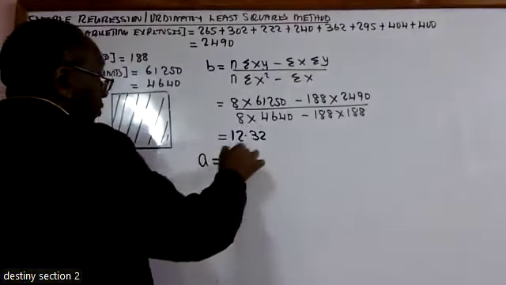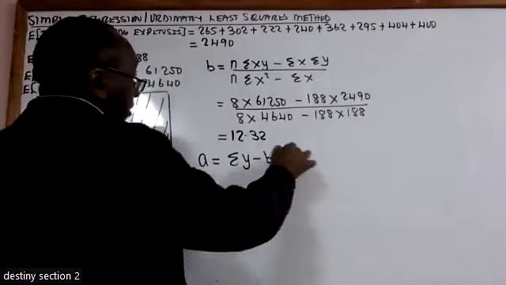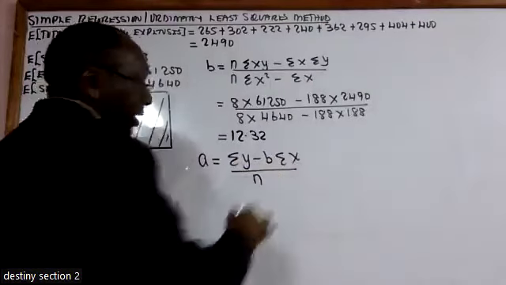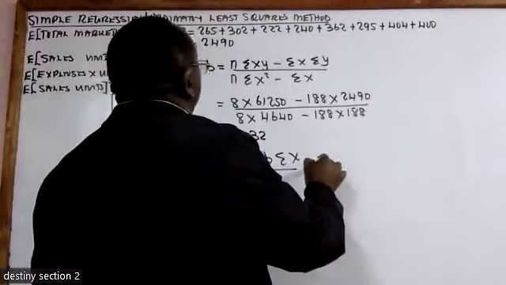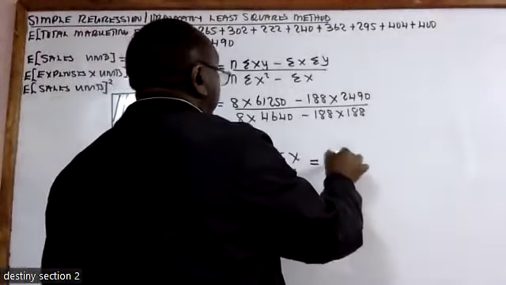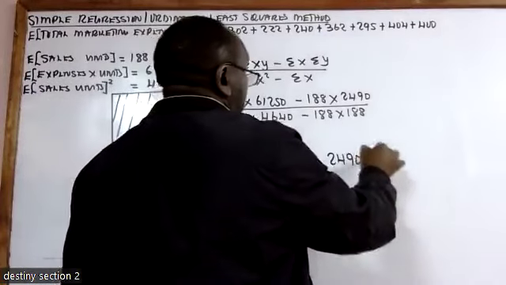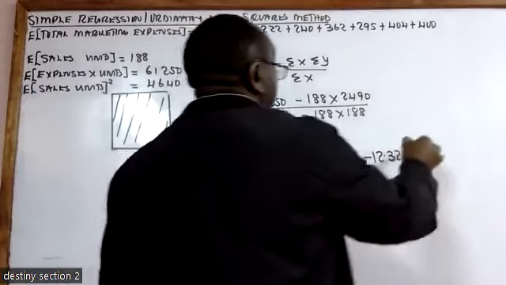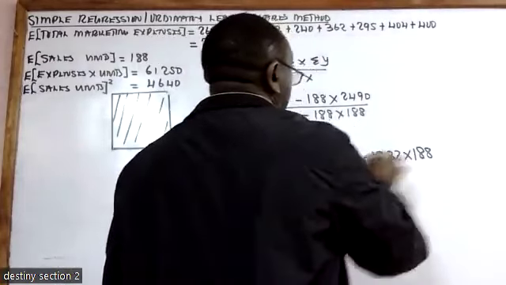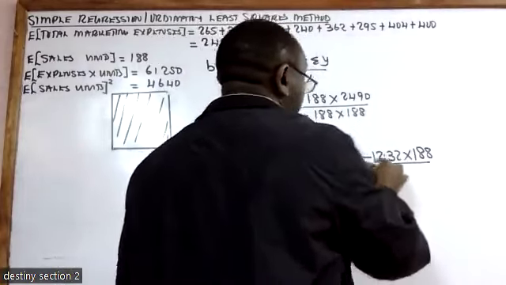Then the value of A is given as sum of y minus b sum of x, you divide by n. So this will be sum of y, which is 2490, minus 12.32 times sum of x, which is 188. You divide by 8.